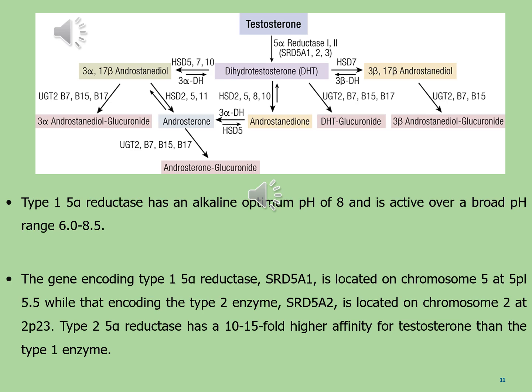The gene encoding type 1 5-alpha reductase, that is SRD5A1, is located on chromosome 5 at 5p15, while that encoding the type 2 enzyme, that is abbreviated as SRD5A2, is located on chromosome 2 at 2p23. The type 2 5-alpha reductase has a 10 to 15 fold higher affinity for testosterone than the type 1 enzyme.